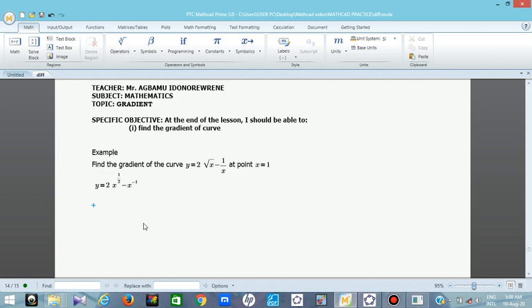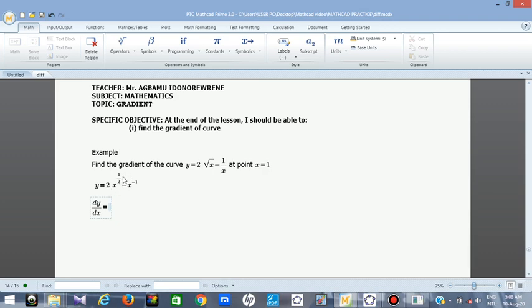So when we are through with that, the next thing we need to do now, let's differentiate. So we said dy/dx will now be equal to, so you follow your rule for differentiation. When we apply the rule, the power is going to multiply the coefficient, which is half times 2 is going to be 1.